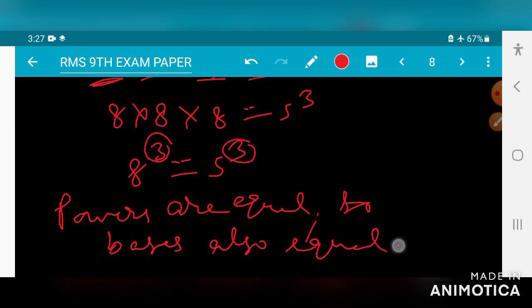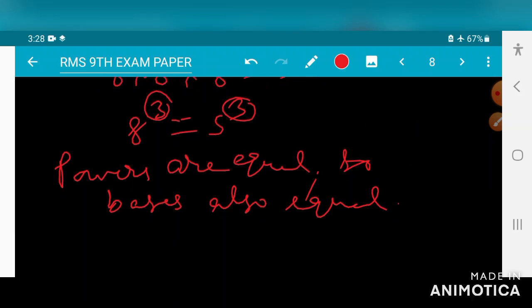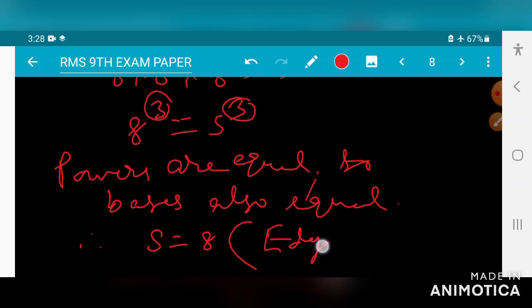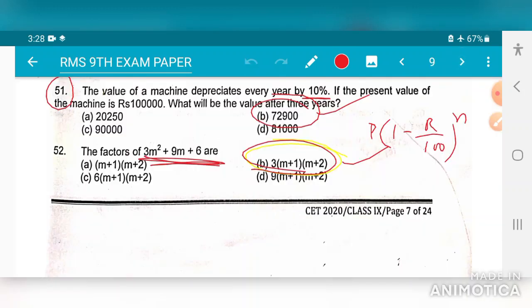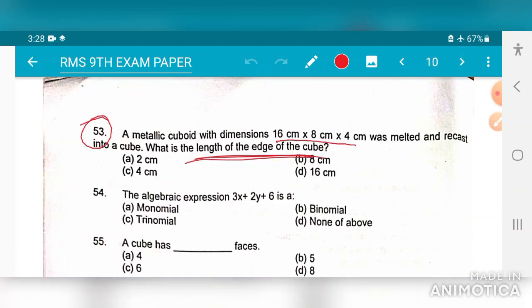This is one identity in powers and exponents. So by using this identity, therefore the side is equal to 8. Side means edge. The 8 centimeter is our answer. Understood? 53 is 8 centimeter.